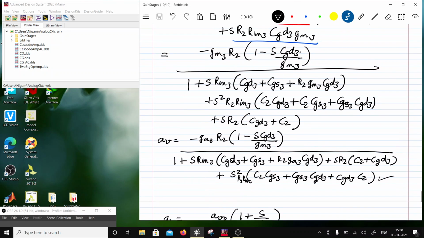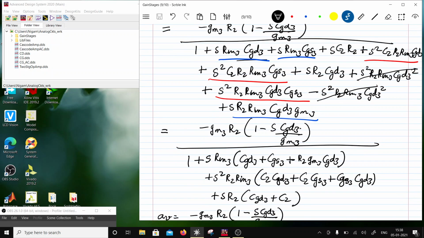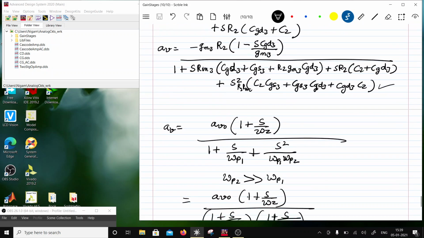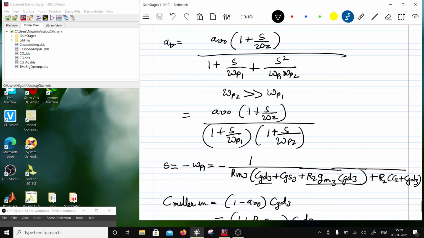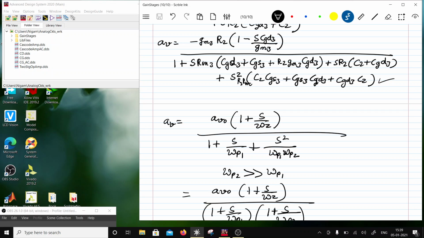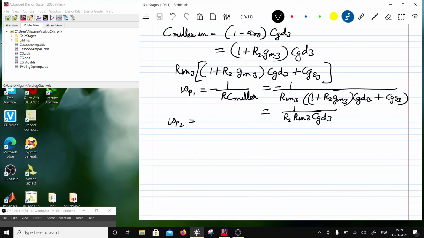S square R2 R in 3. Just one second, bear with me. Right.